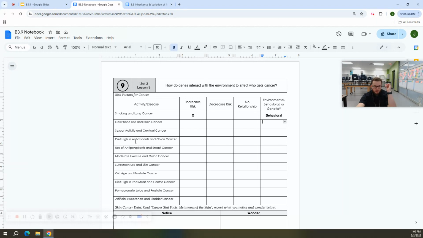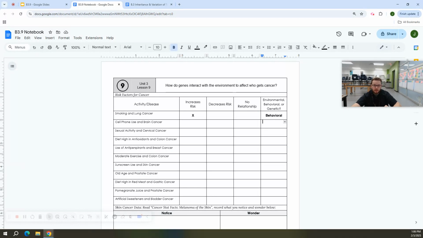When we're talking about antiperspirants, that's like deodorant. Colon cancer, remember, colon is like your large intestine. It's part of your digestive tract. Prostate is a male reproductive organ. And then gastric cancer is any cancer related to your stomach or digestive system. And then bladder cancer, obviously.